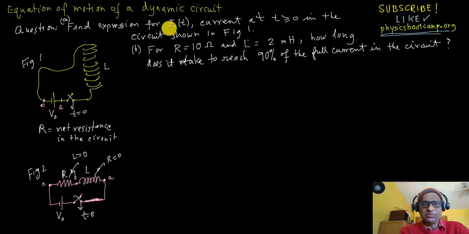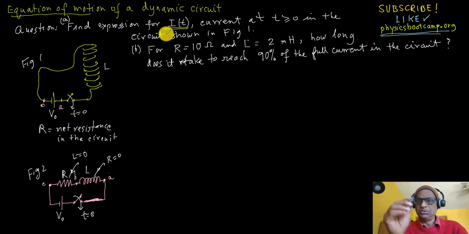And the equation that this will follow is called the equation of motion of this dynamic circuit. So there is no Kirchhoff rule or law, etc. for this circuit. I know there are some other engineering books that use Kirchhoff's laws, trying to use the analogy. But what we're going to do is we're going to always use Faraday law.